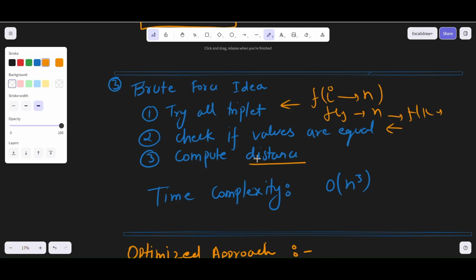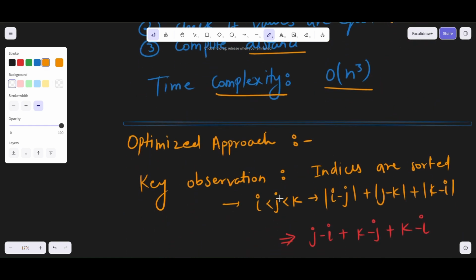Check, compute the distance, and take the minimum of all distances. The time complexity for this is big O of n cube. For this problem you will get TLE, so we have to optimize this solution.